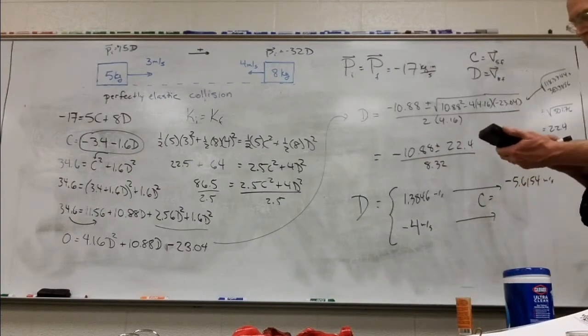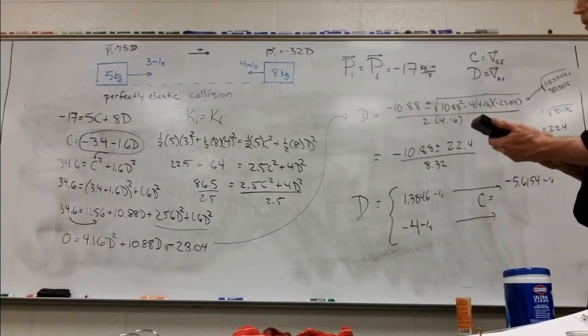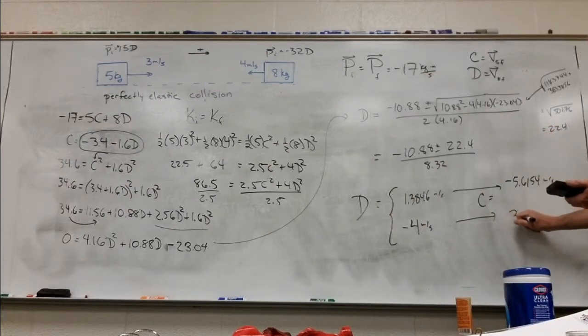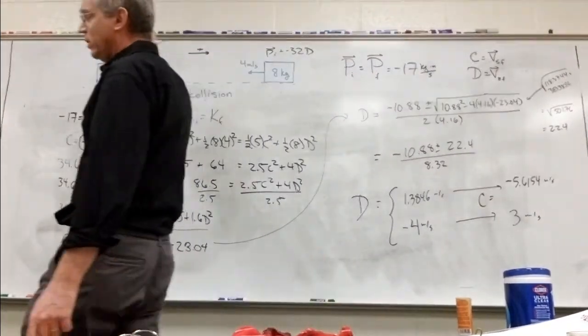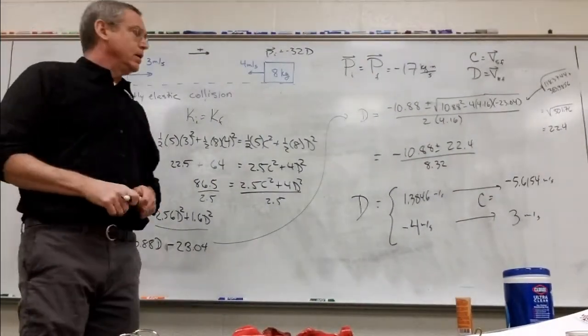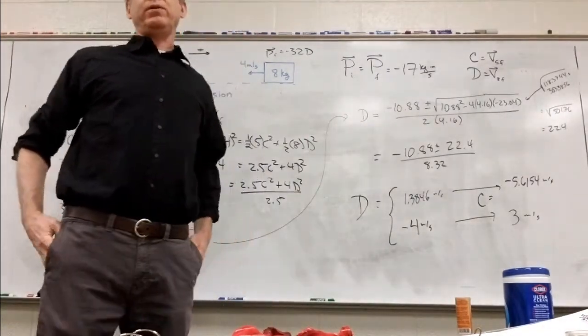And if I plug negative 4 in, I better get the right answer there. Negative 1.6 times negative 4, and then we end up with 3 meters per second. One of the solutions is correct for a collision, and one of them is not. So pause for you to figure it out, and I'm going to take a breath here.